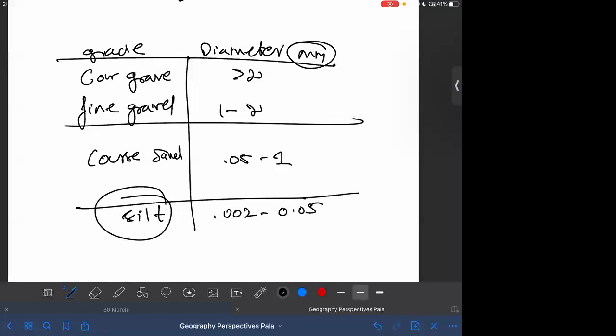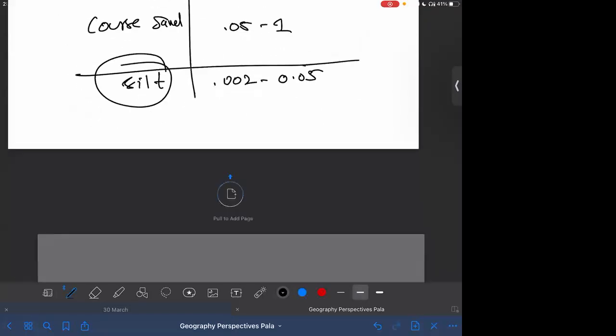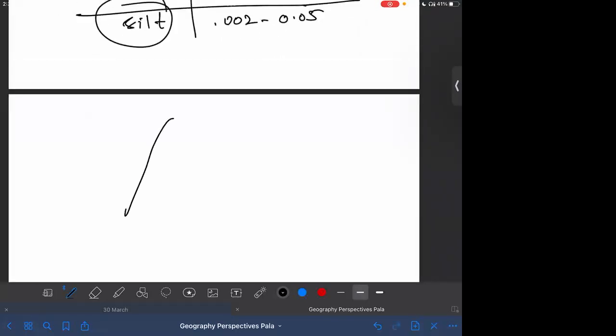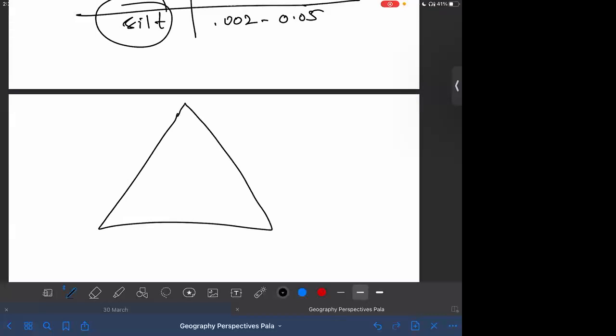So silt is mainly a very, very fine particle. It is said to be clay when the soil particles are not separated from each other. Mostly, soil is a combination of sand, clay and silt.